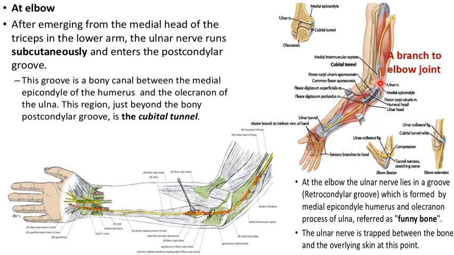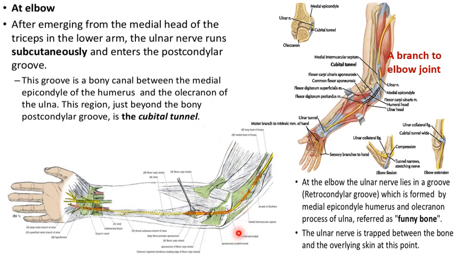Because as the ulnar nerve descends behind the medial epicondyle, and as this region is related to plenty of ligaments of the elbow joint and a few of the muscles posteriorly, and as the nerve is directly resting on the posterior surface of the medial epicondyle, there forms a musculo-fibro-osseous tunnel which is called the cubital tunnel.